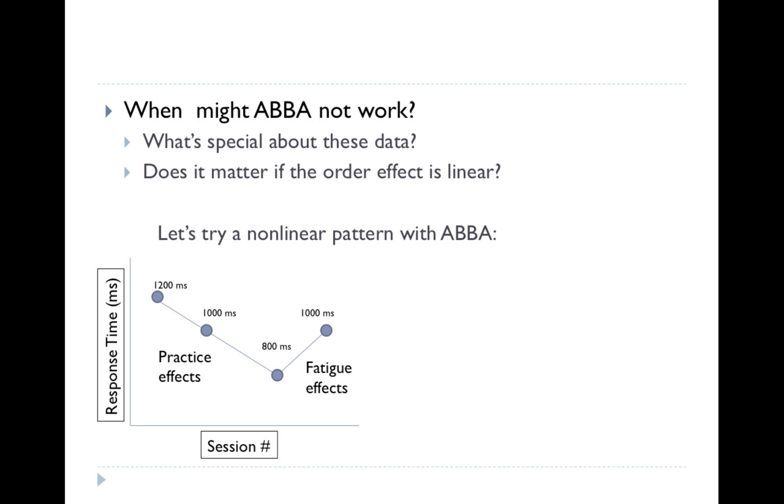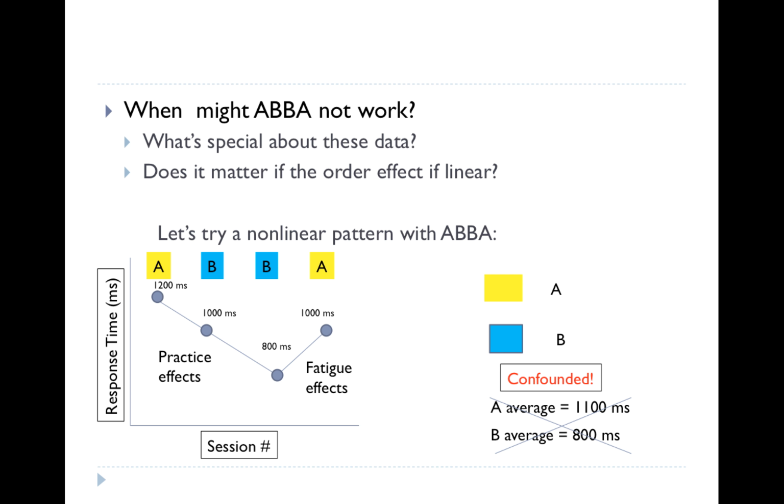So as you can see here, if there is something nonlinear going on where at first you get better and better and better at a task, but then you actually get worse again because you just get tired of the whole thing, our numbers do not come out the same again, as you can see right here. So if we do ABBA, and there's a practice effect in addition to a fatigue effect, this is no longer linear.